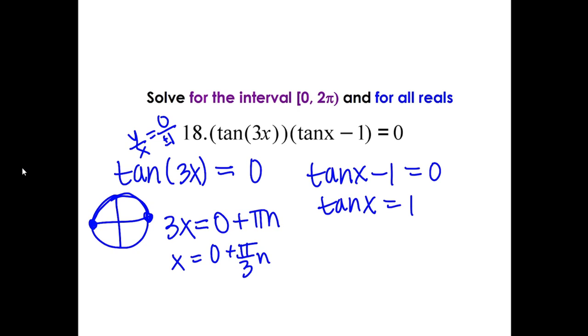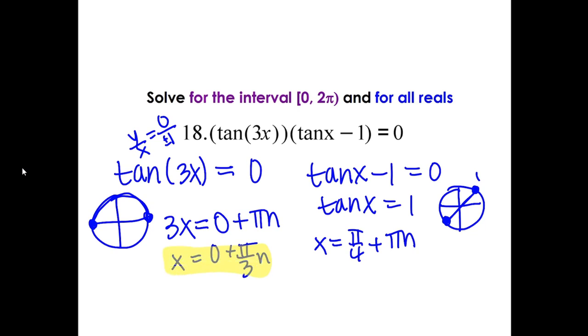So that's one of the answers. And then for all reals, for the tan of x equal to 1, that means our x and y are the same. So here and here. Also on a diagonal. And so that is at pi over 4. And I can get there with pi n. And so here's my answer for all reals. We have 2 equations that will get us there.